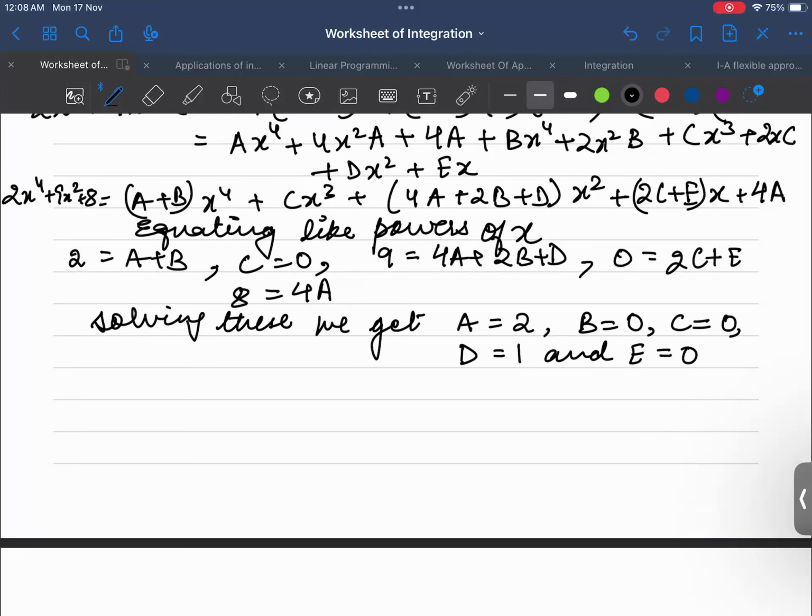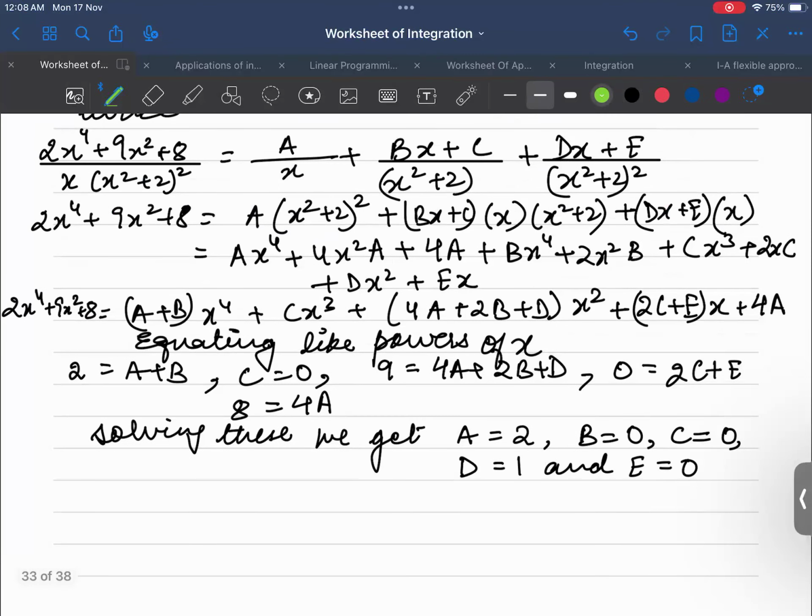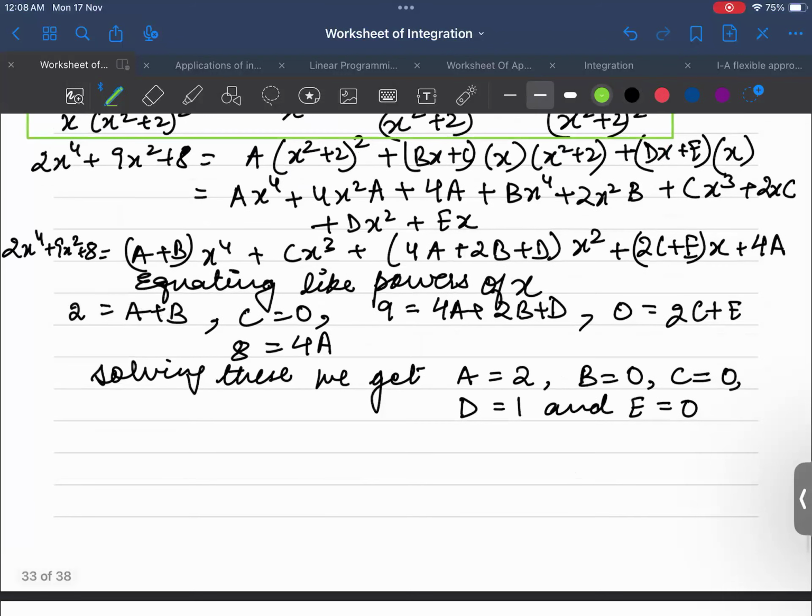Now we will substitute these values in our equation. Which equation? This one. I think it's clear. It's easy also.